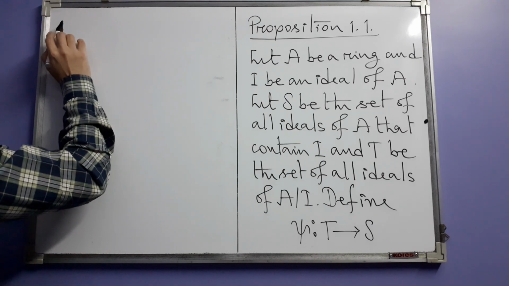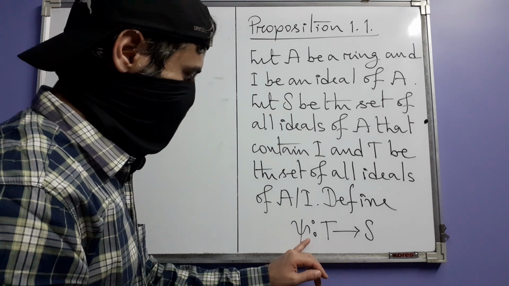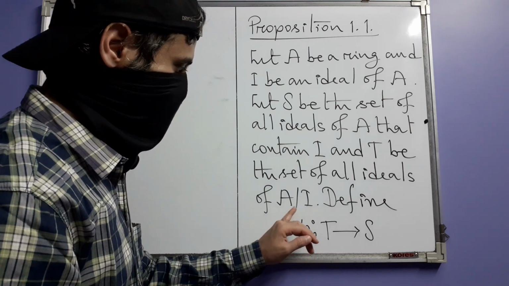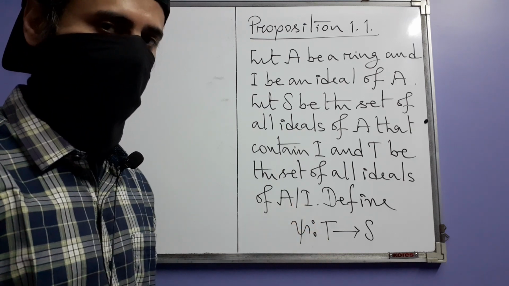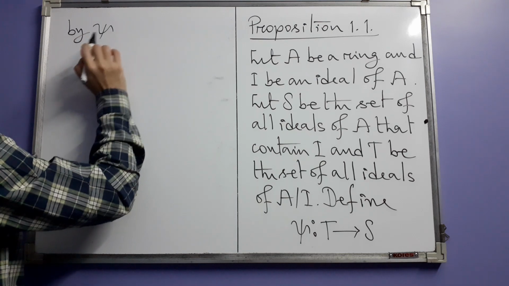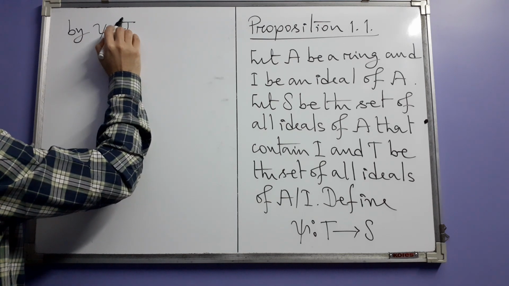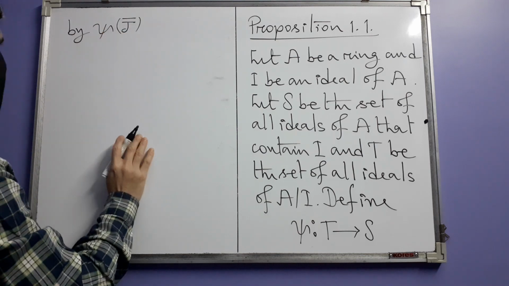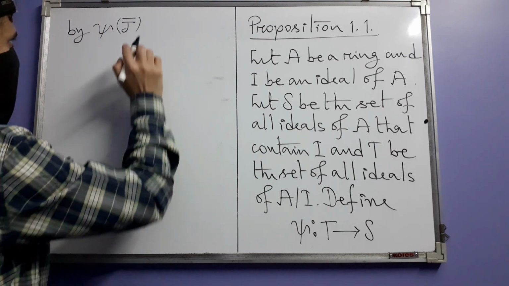By this rule. An input of psi is going to be coming from T. That means it will be an ideal of A/I, some ideal. Let's call it J bar. Now, what's the rule?